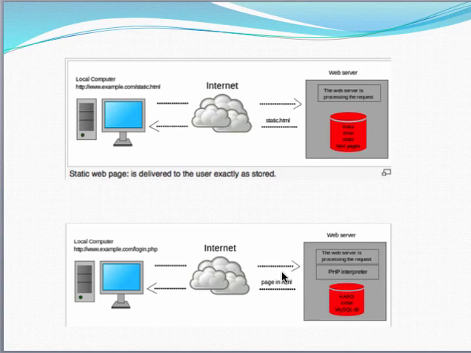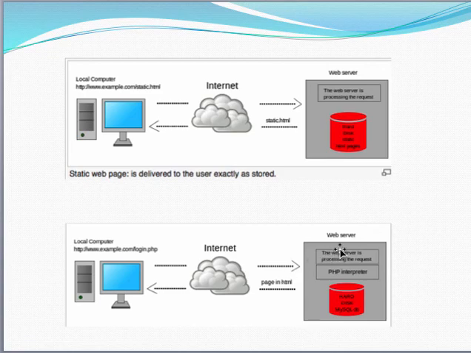That means that when that database has been transformed, when more records have been added or deleted, the information displayed in the web page will be different. That is why it's a dynamic web page.